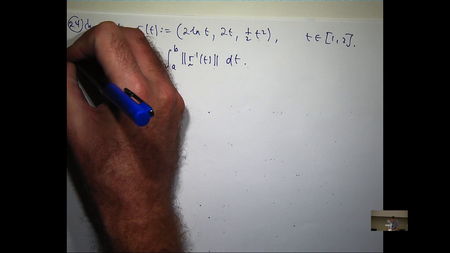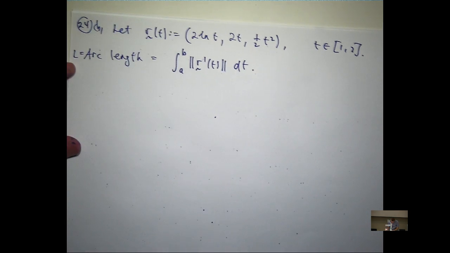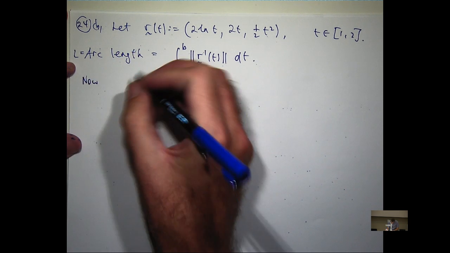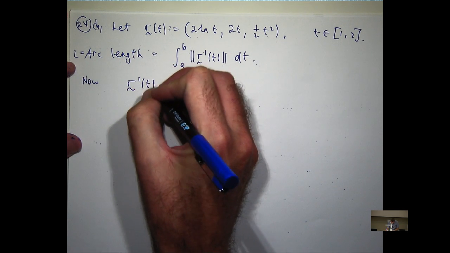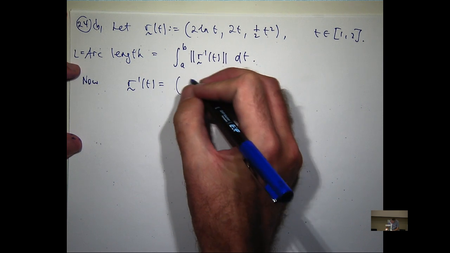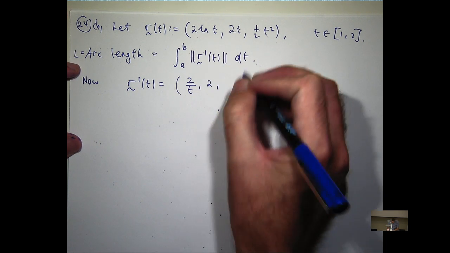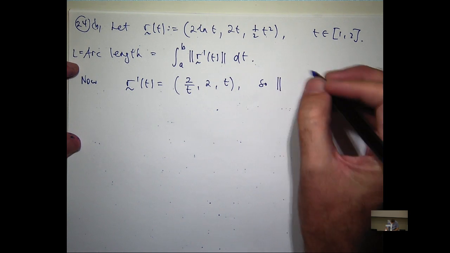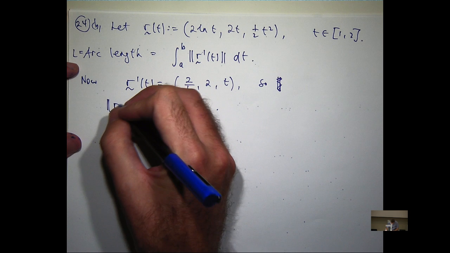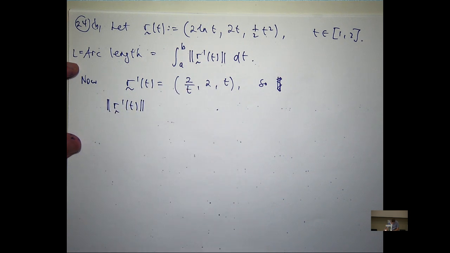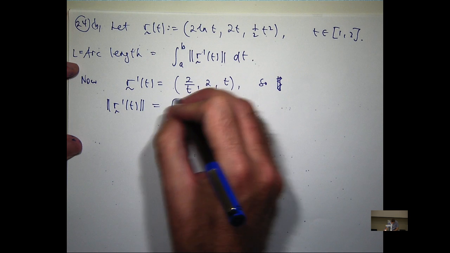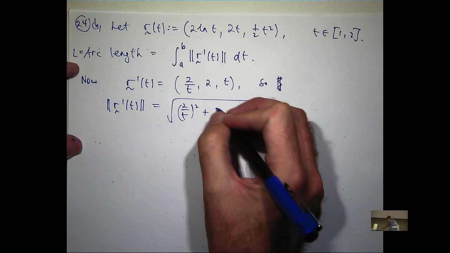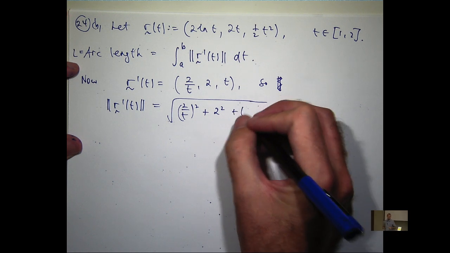So let's call the arc length L. So let's calculate the derivative. It's going to be 2 on t, 2, and t. So the magnitude of that vector function is just each component squared added together.